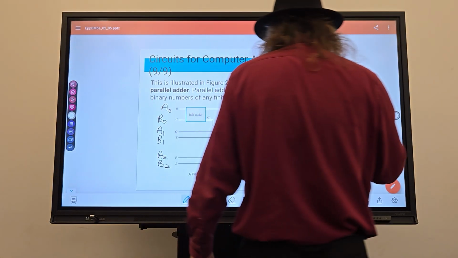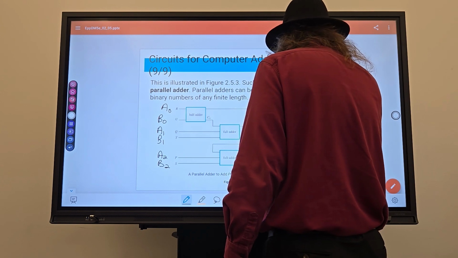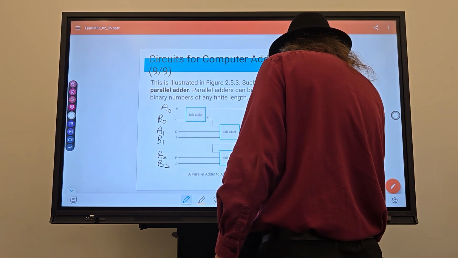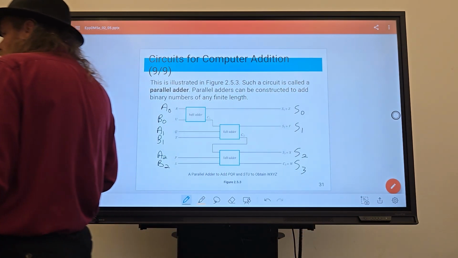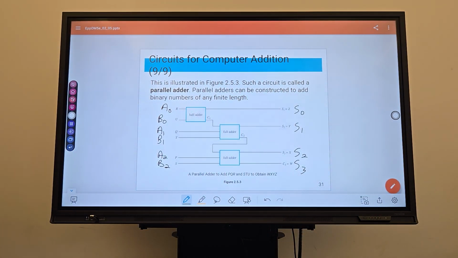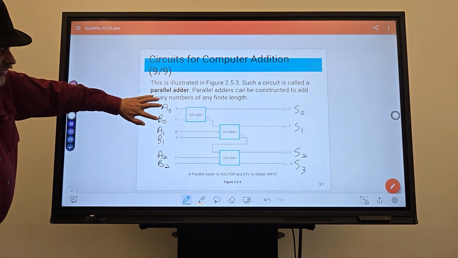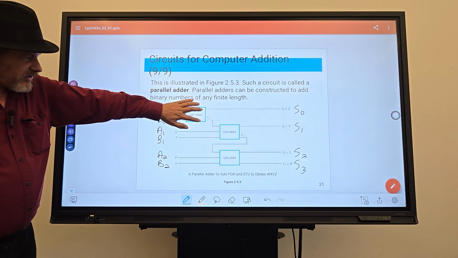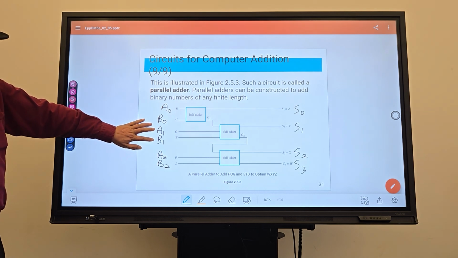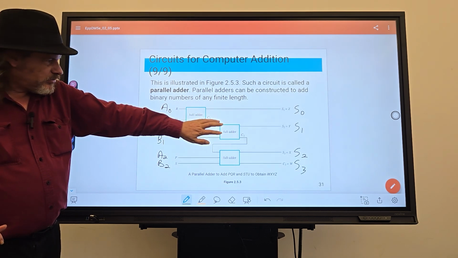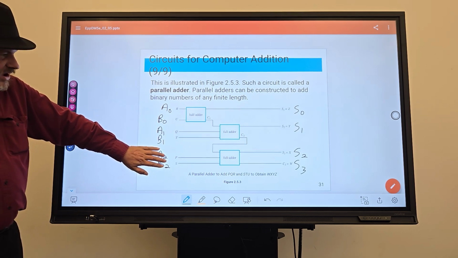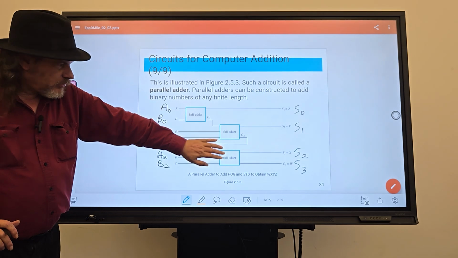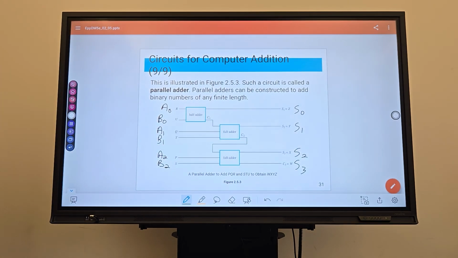And you have your sum 0, sum 1, sum 2, sum 3. So take two binary numbers, A and B, bit by bit: the two 0 bits into a half adder, the two 1 bits into a full adder with the carry from the half adder, and the two 2 bits into a full adder with a carry from the previous full adder. This is what's called a ripple adder.